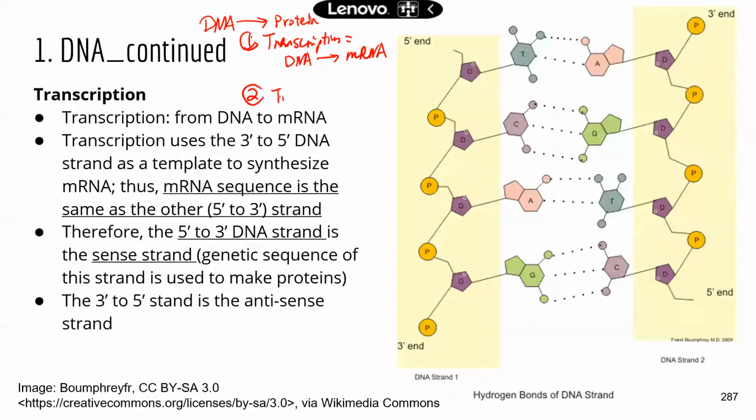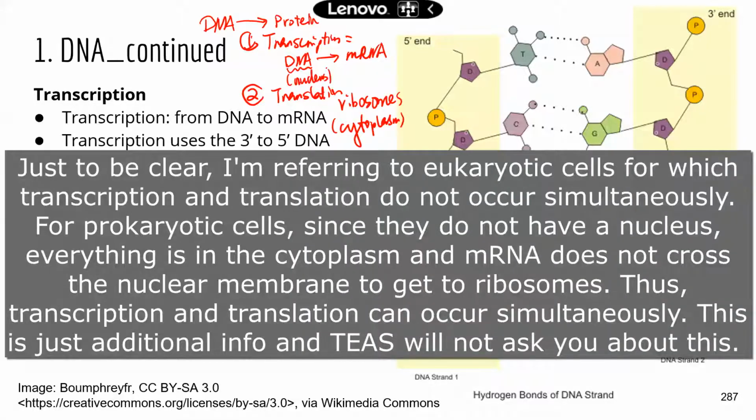The second step, which is called translation, is going to use the genetic information to direct protein synthesis, right? And this is done by ribosomes. Now, ribosomes are located in the cytoplasm, but DNA is located in the nucleus. It cannot get out of the nucleus.